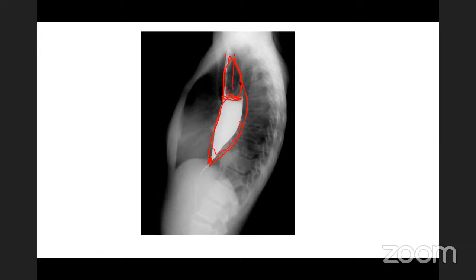This is air here and this is fluid. And there's absence of fundal gas. On a normal X-ray of the stomach, there's a fundal gas. Because there is narrowing of the lower esophageal sphincter, that fundal gas will be absent.